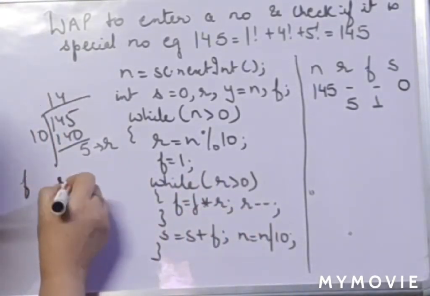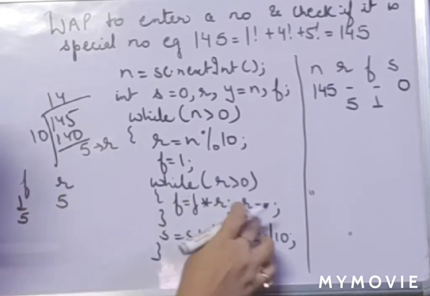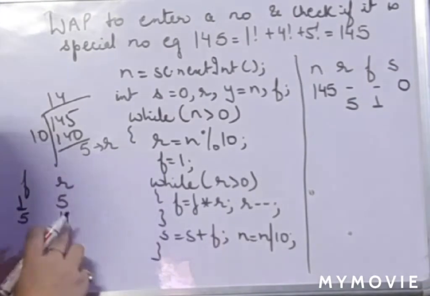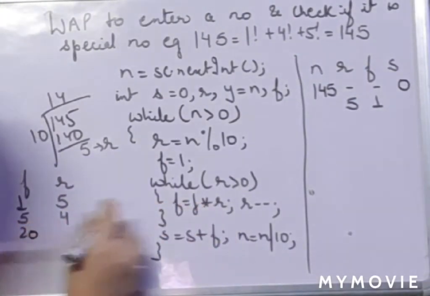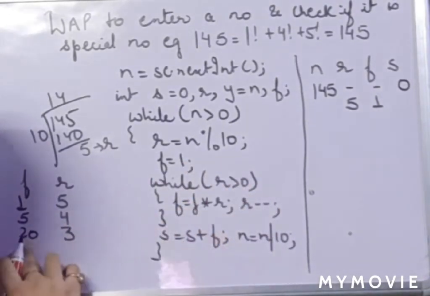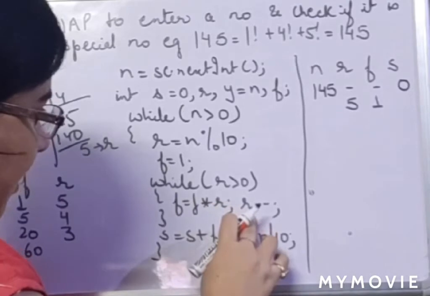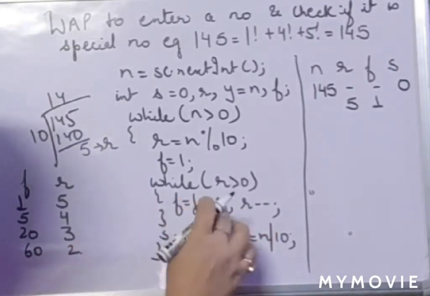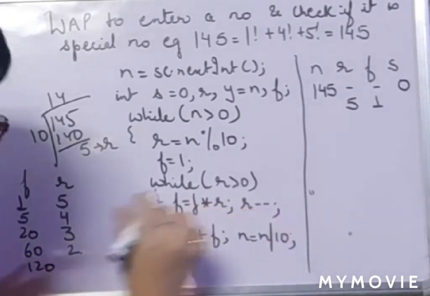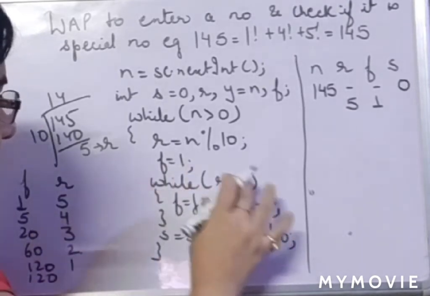Then 4 into 5, f into r will become 20, r minus minus, r will become 3. 3 is greater than 0, f is 20, r is 3, 60, then r minus minus, r will become 2, f is 60, r is 2, 120, r will become 1, 120 into 1 is 120, r minus minus, ultimately r will become 0.